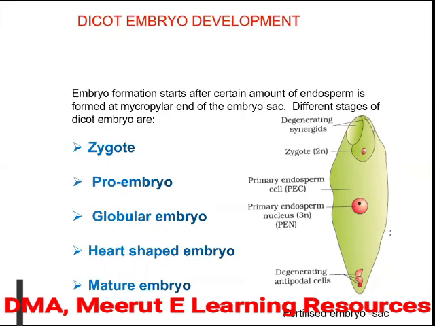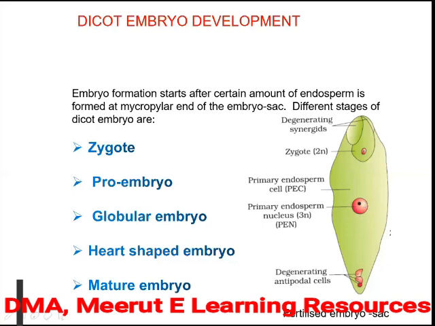The mature embryo sac is 7-celled, 8-nucleate, where at the antipodal end, the chalazal end, you find three antipodals, at the micropylar end you find the egg apparatus of three cells, two synergids and one egg, and at the center you find the central cell, and within it two polar nuclei.